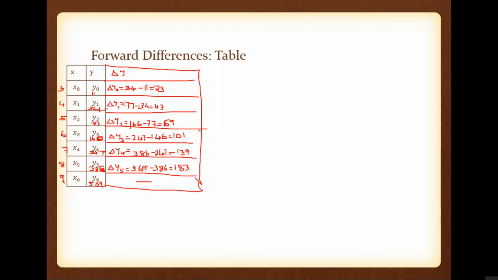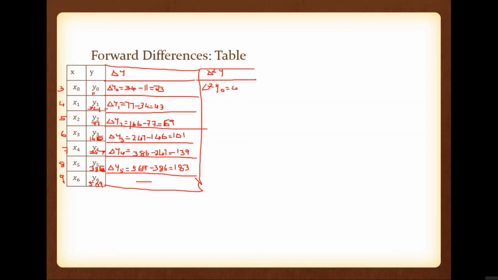Now you have to find delta square y, or simply delta square. The first one corresponds to delta square y0. We are finding each difference from top to bottom. Here the next data is 43 and the current data is 23.